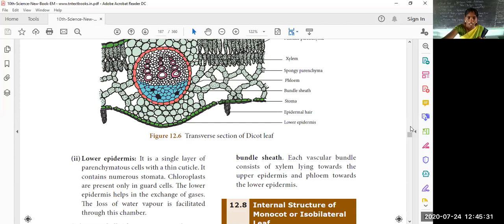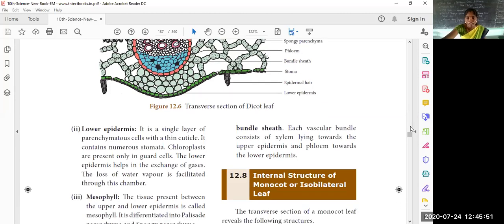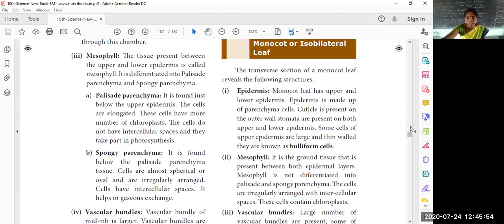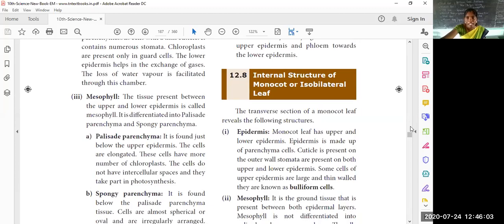Chloroplasts are present only in the guard cells. The stomata are surrounded by guard cells having chloroplast. The lower epidermis helps in exchange of gases. The loss of water vapor is facilitated through these chambers. Here the water is evaporated through the stomata, so the stomata help in the process of transpiration.